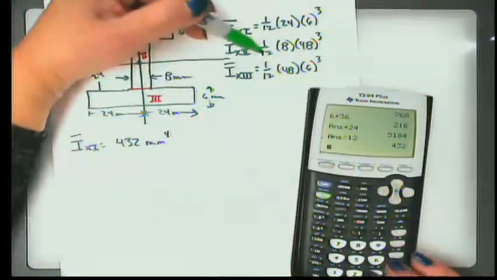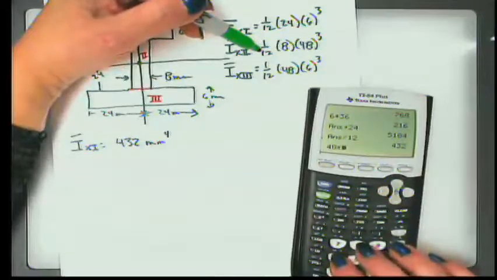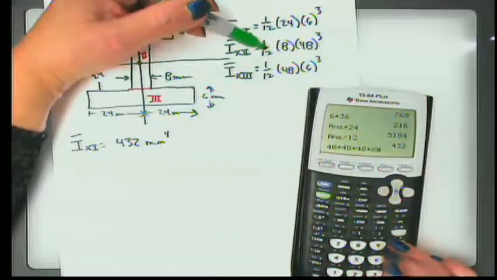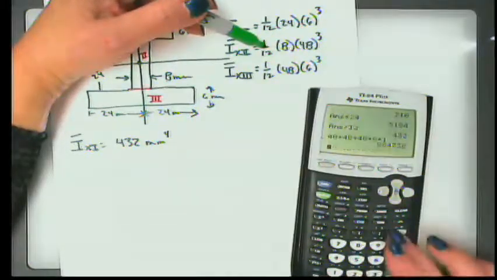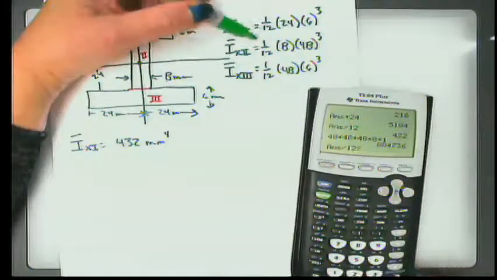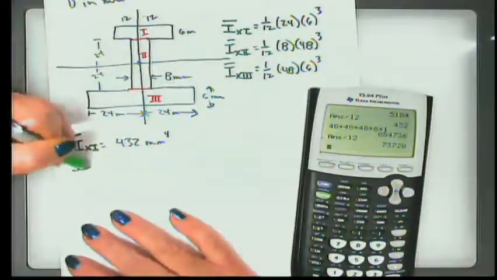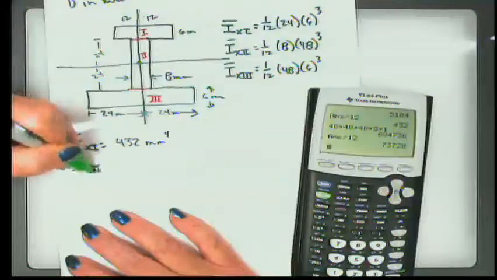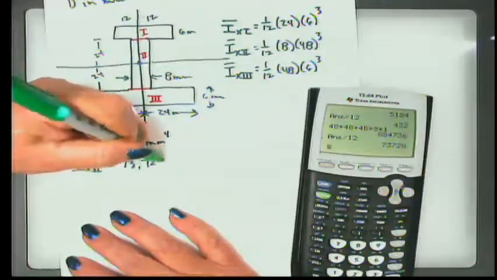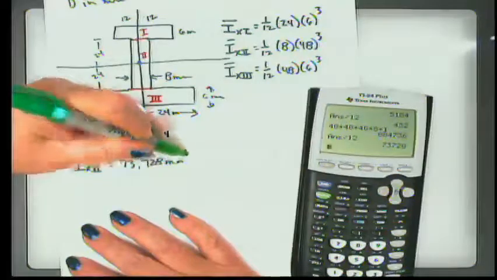Here I have 48 to the third power times 8 divided by 12. So that I sub x2 is 73,728 millimeters to the fourth.